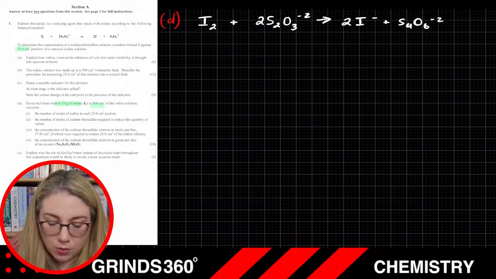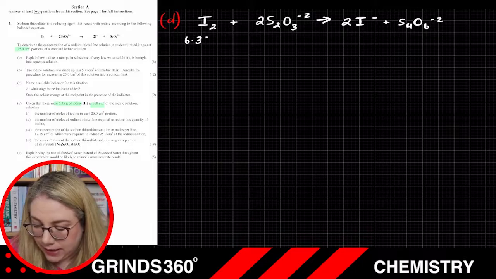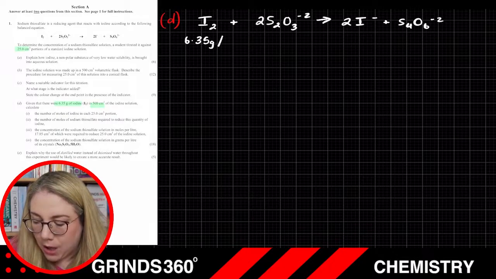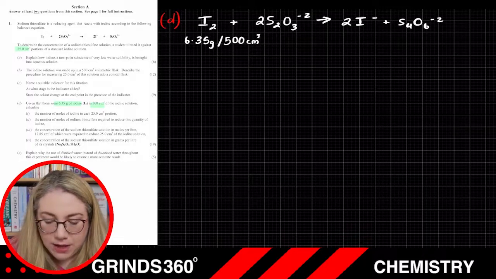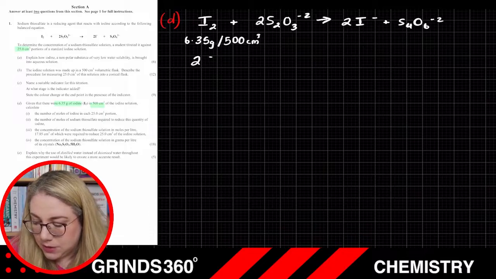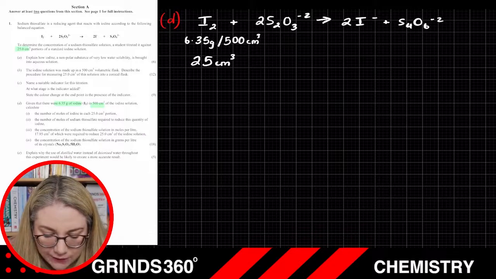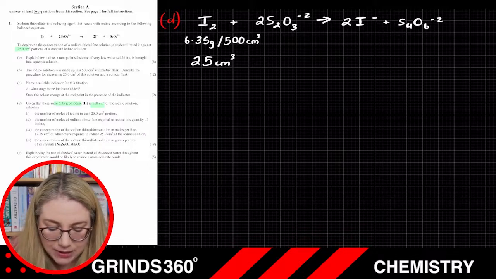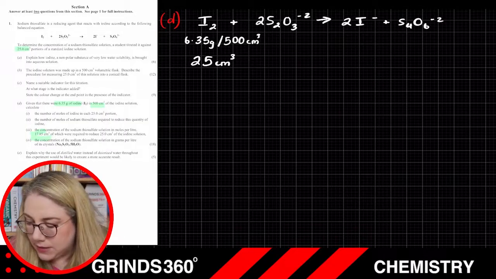So from what we know, the concentration of the iodine is 6.35 grams per 500 centimeters cubed. The volume of the iodine solution that was used was 25 centimeters cubed. Based on other information, we'll find out in part 3, if I highlight it now, that 17.85 centimeters cubed of the thiosulfate was used.